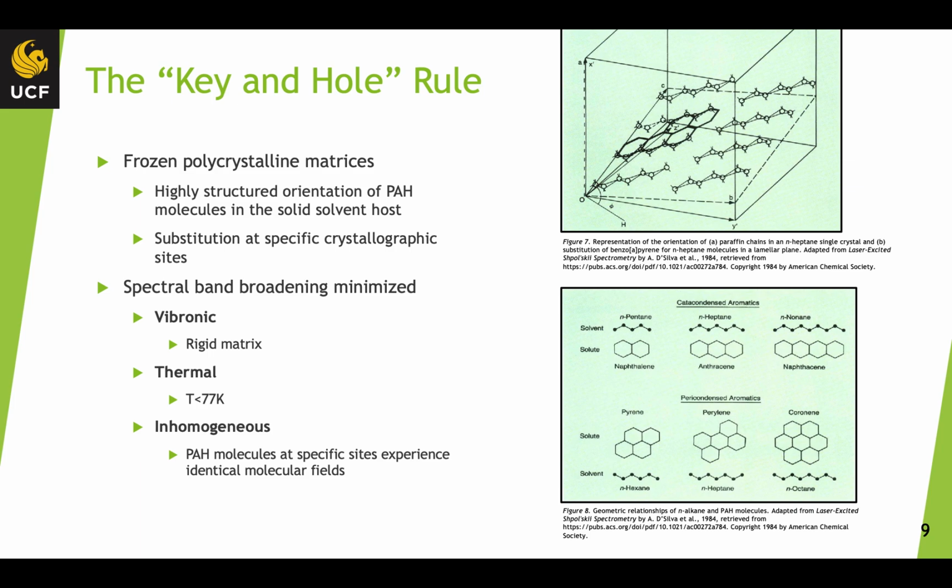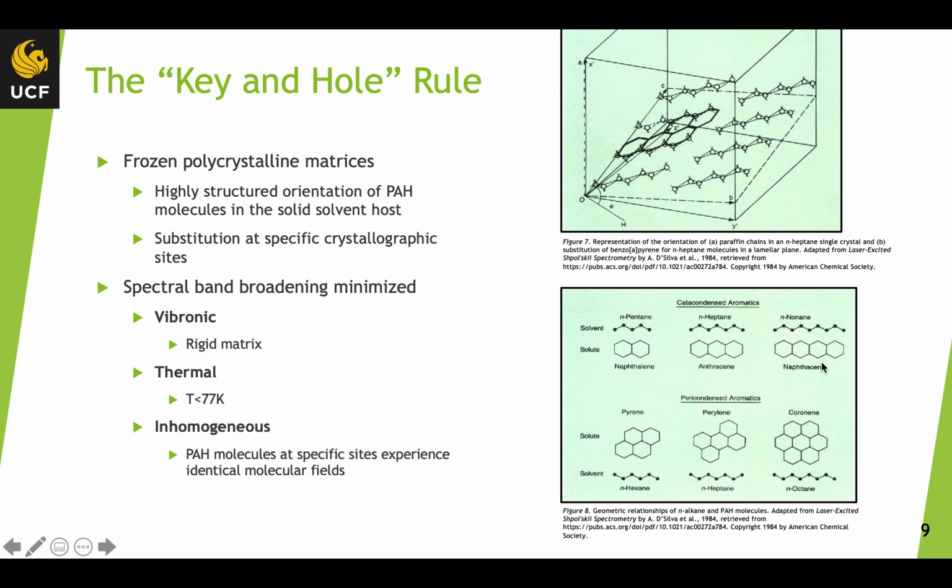Thermal band broadening is minimized because the temperature is so low, below 77 K, and the inhomogeneous band broadening is minimized as well because these PAH molecules are at specific sites and experience identical molecular fields or identical environments, so we don't get that continuum of bands.